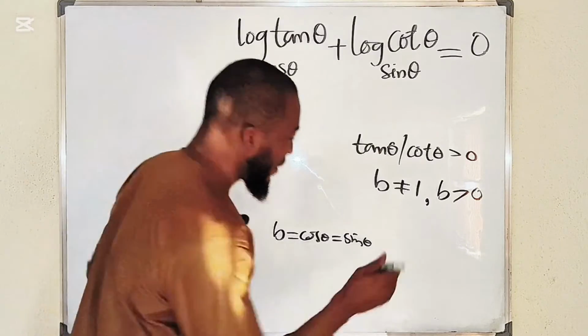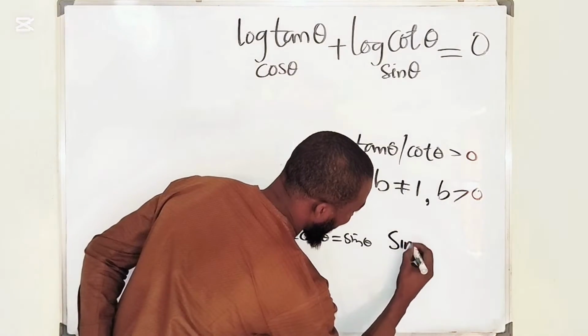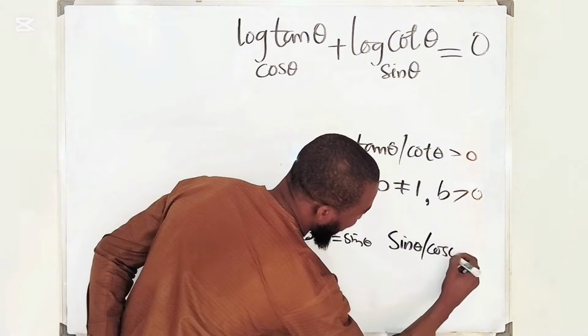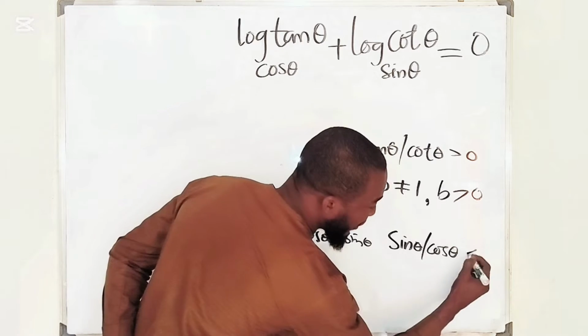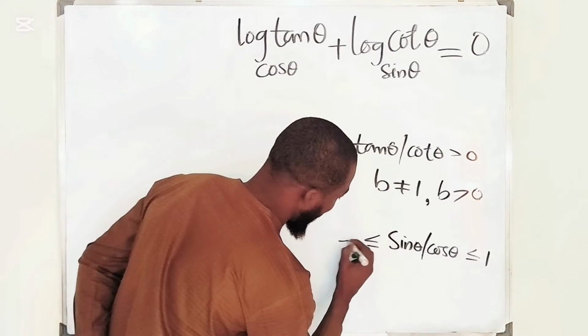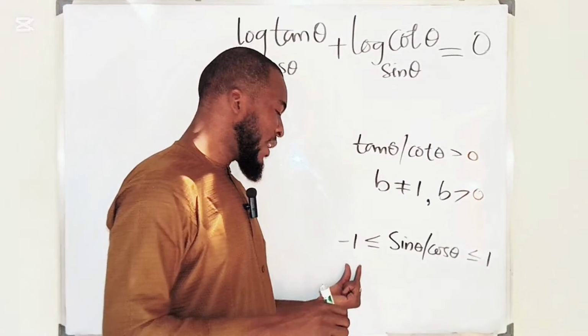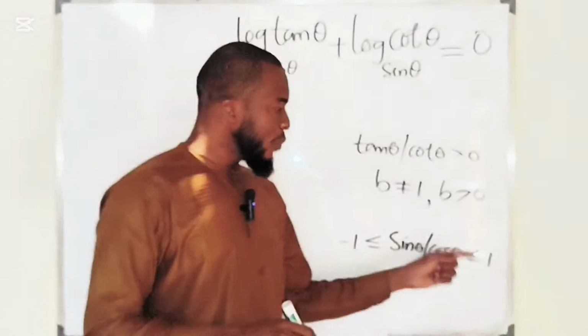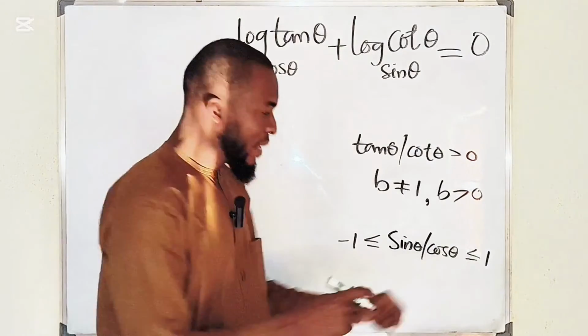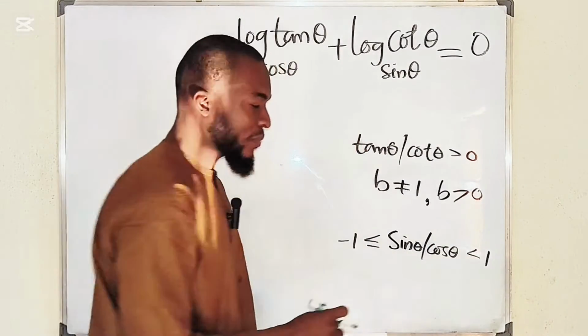But we know that both sine theta and cosine theta have their own restriction, right? They must be from -1 down to 1. But because of this, we know that it can never be equal to 1, right? So we remove this.